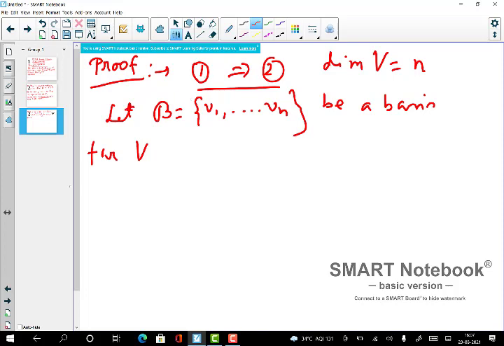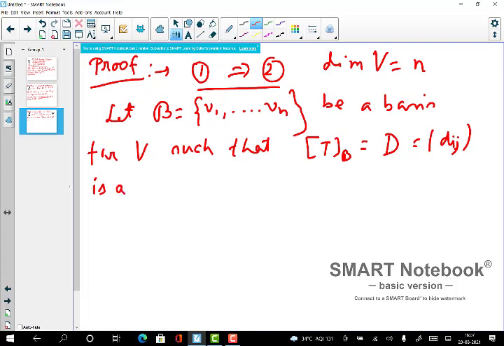Maybe I can write D_ij as the entries of this diagonal matrix. What does that mean?